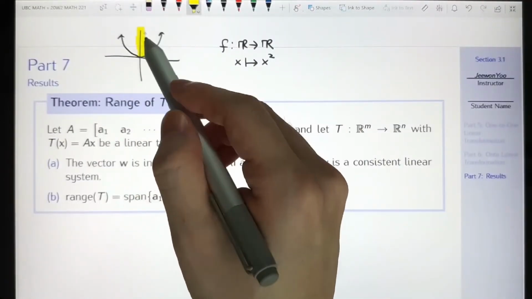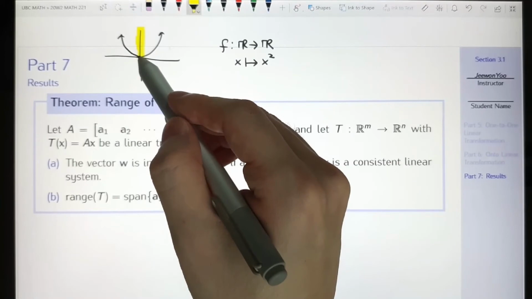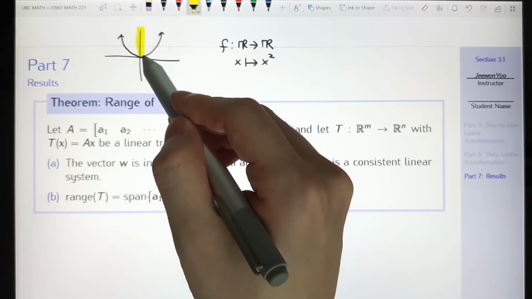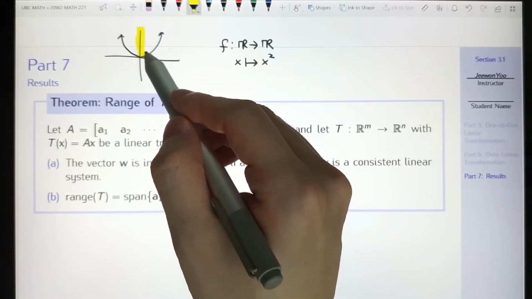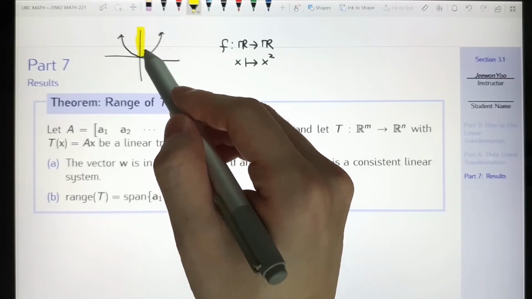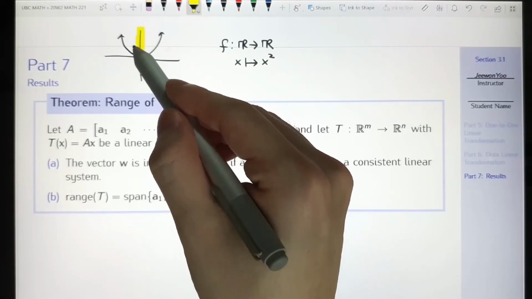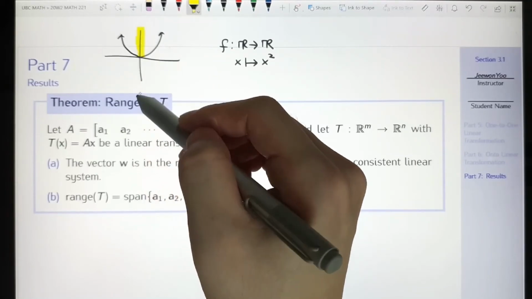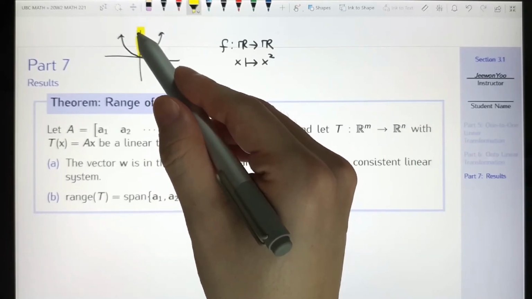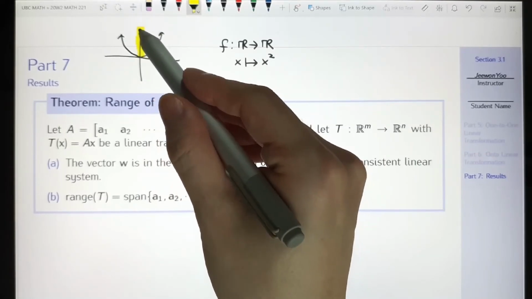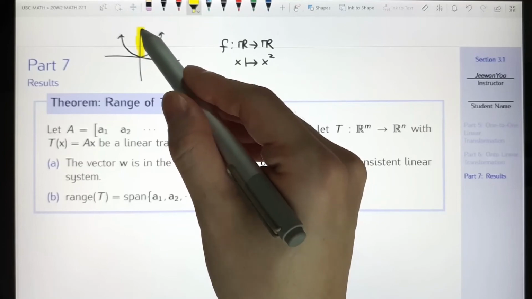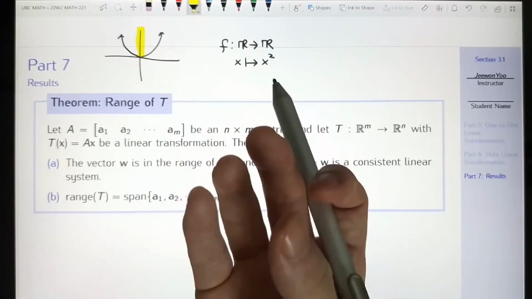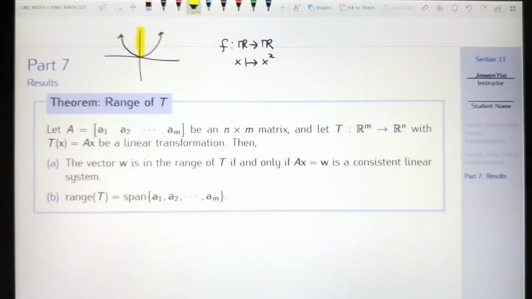The range of this parabola is only the portion above the x-axis, right? So if you agree with me, then the yellow portion is the range, and the entire y-axis is the codomain. Do you understand? So the yellow portion is a subset of the entire codomain. This is the clear difference between the range and the codomain. Do you understand?